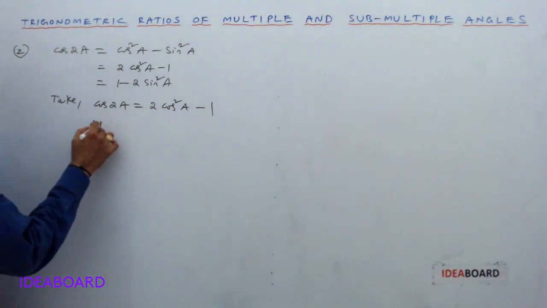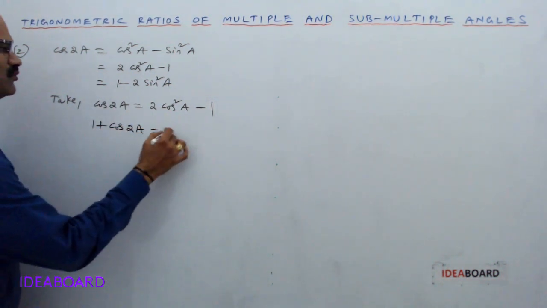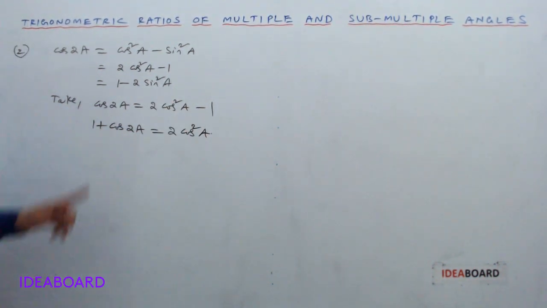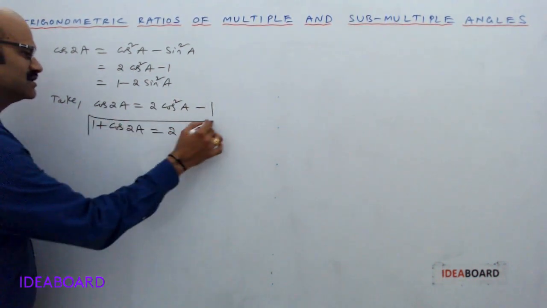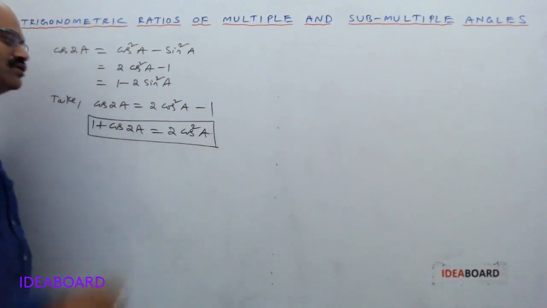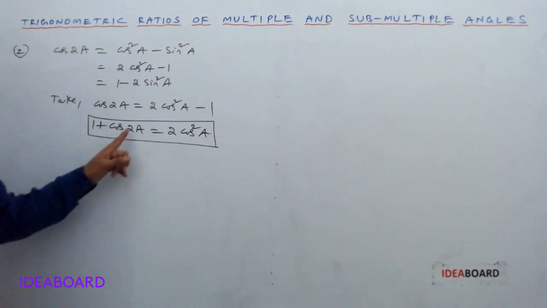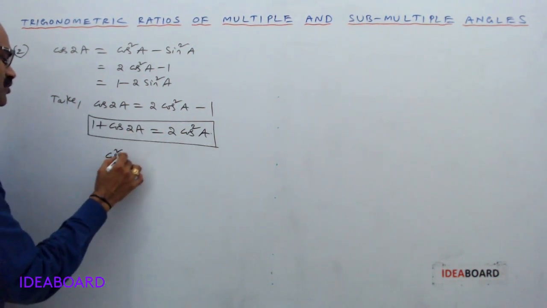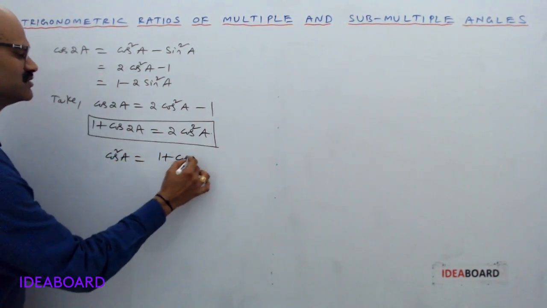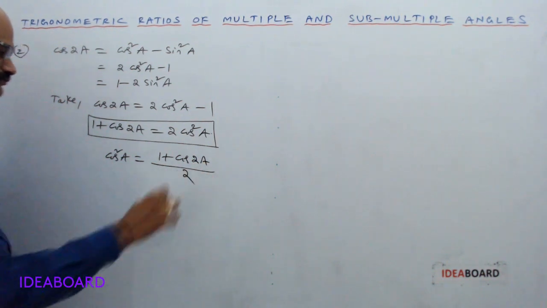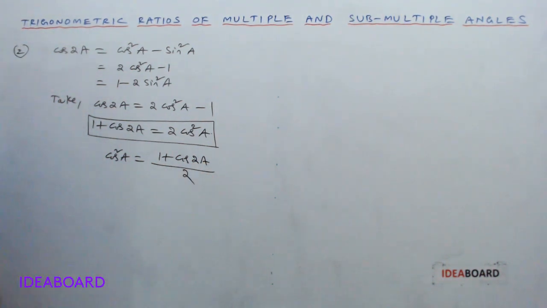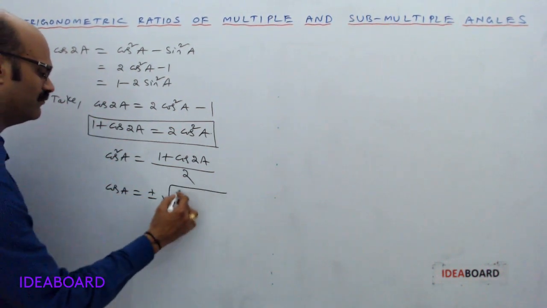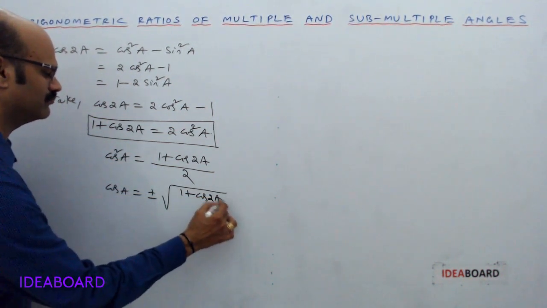So 1 plus cos 2A equal to 2 cos square A. So always the formula for 1 plus cos 2A is 2 cos square A. Now from this, cos square A equal to (1 plus cos 2A) by 2. Then cos A equal to plus or minus square root of (1 plus cos 2A) by 2.